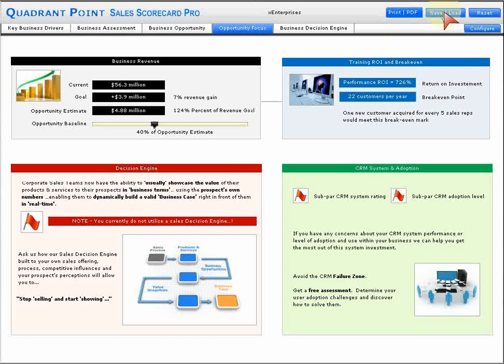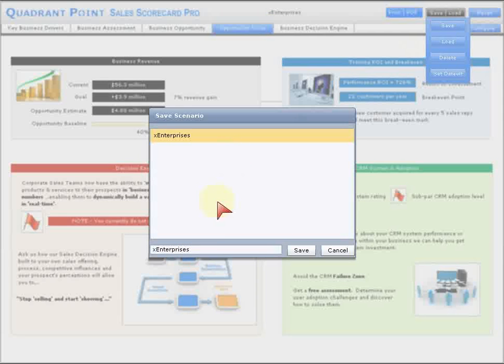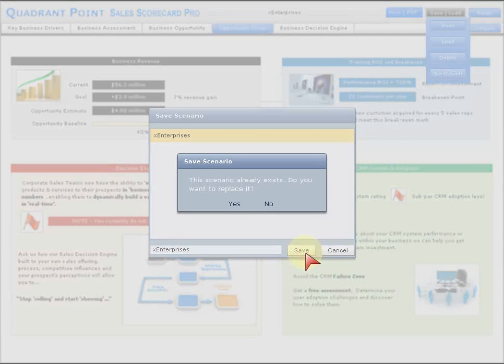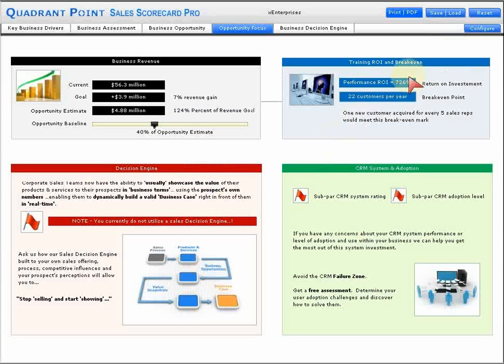You're done with the scenario, you want to save it, simply hit the Save Load button, and that gives you an opportunity to give it a name and preserve that, and off you go with that one saved. You want to create a new one, simply save that, then reload it later, and you're good to go.